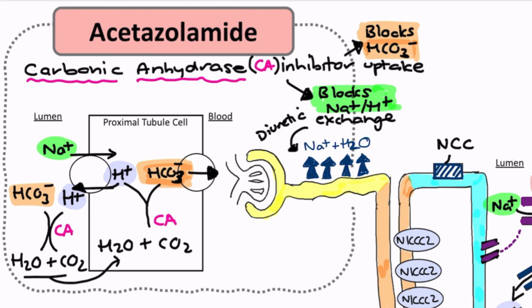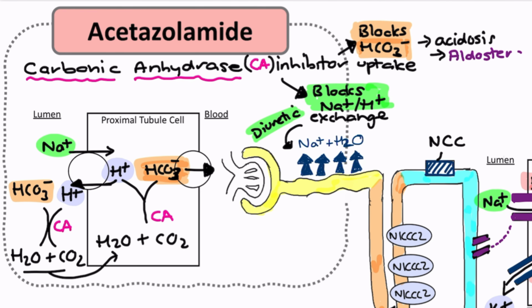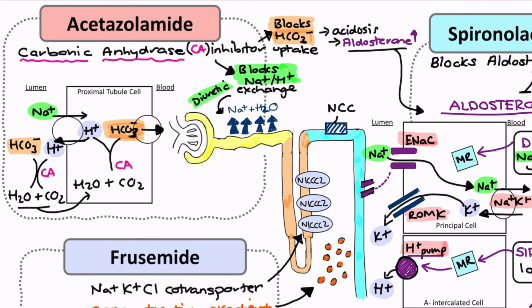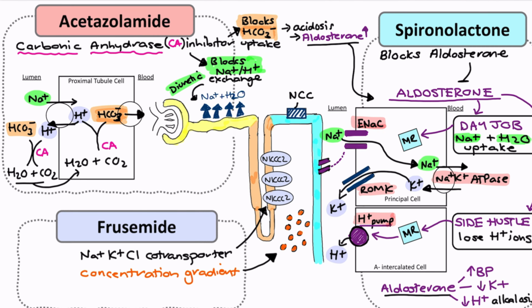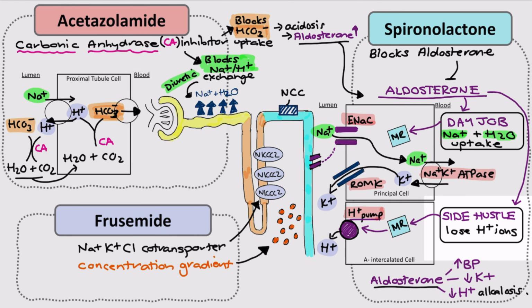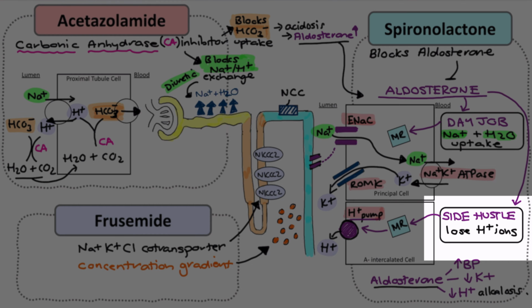So we can easily see how acetazolamide would reduce the bicarbonate and promote acidosis, but how does it affect the potassium? And this is where aldosterone comes back in again, right? We said aldosterone is stimulated by two things. The first thing is the renin-angiotensin-aldosterone system when we have low blood volume, but the second thing that stimulates aldosterone is acidosis.